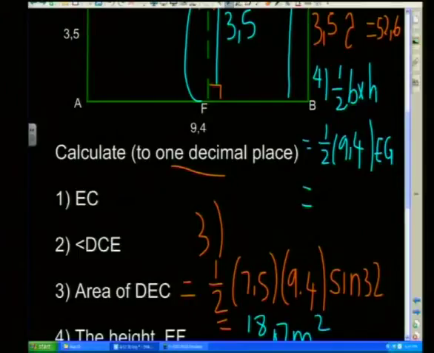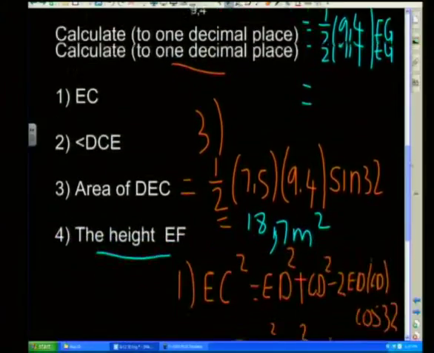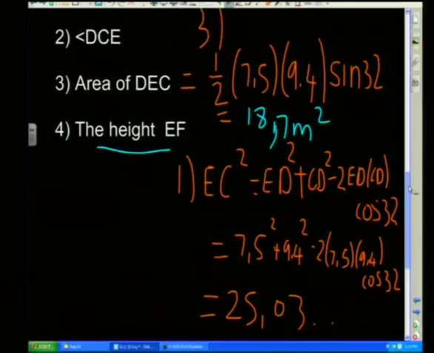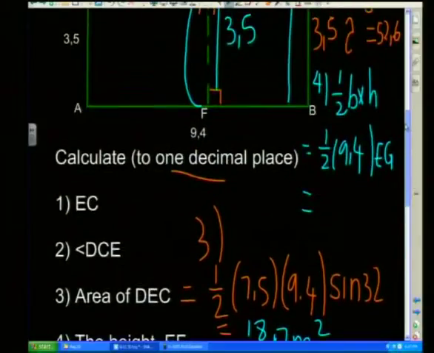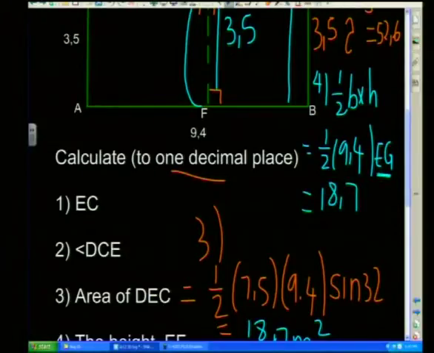So that is how you would find the area of a triangle. But we've just worked out that the area of this triangle was 18,7 meters squared. So therefore I can equate this to 18,7, and I can work out the height EG just by dividing. EG will be 18,7 divided by a half times 9,4.